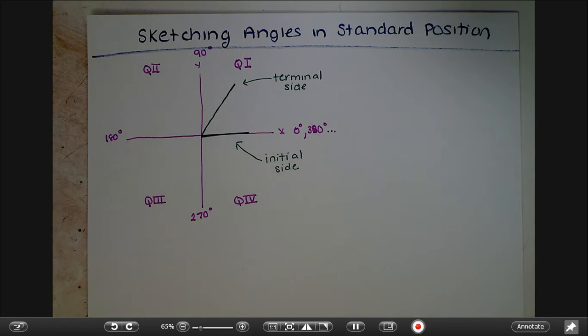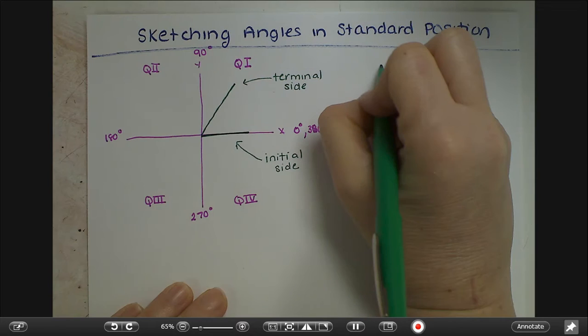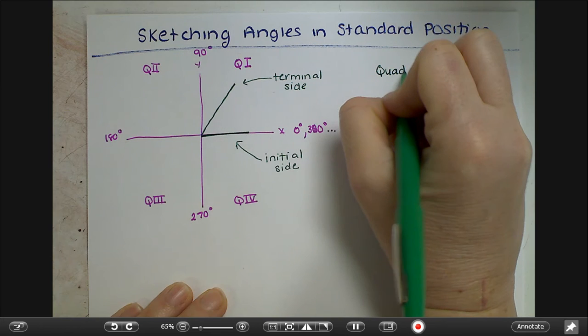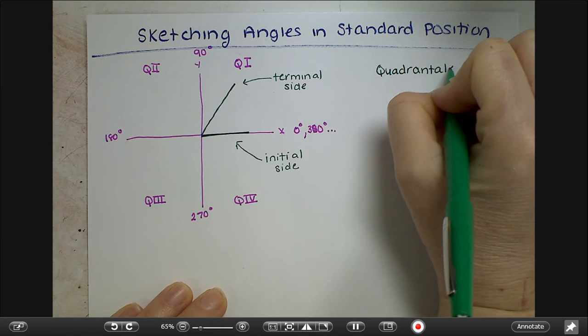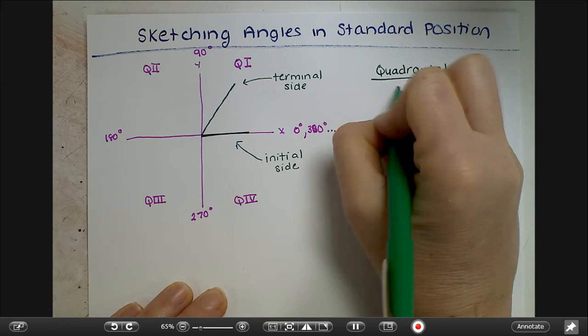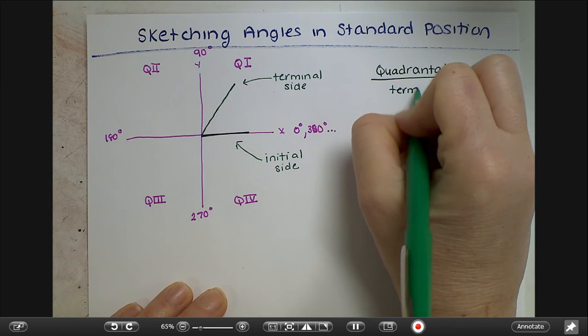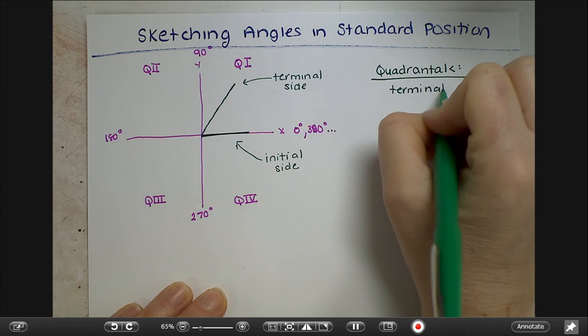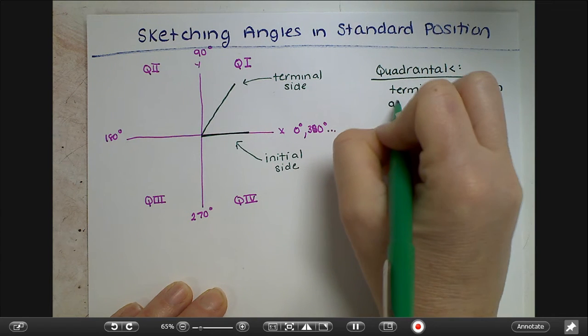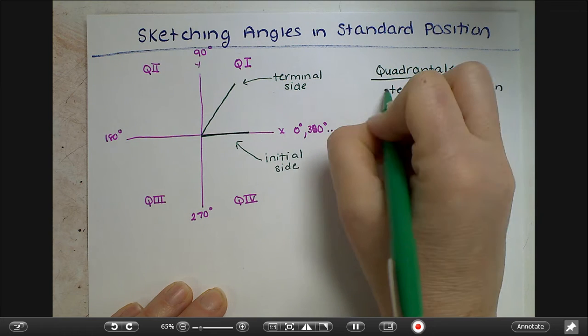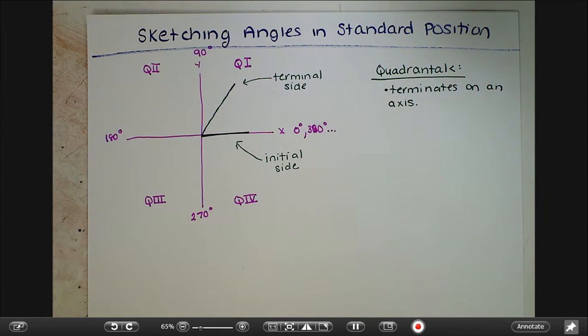There is a special kind of angle called a quadrantal angle, and that terminates or ends on an axis. There's some special things to remember when we're talking about quadrantal angles.